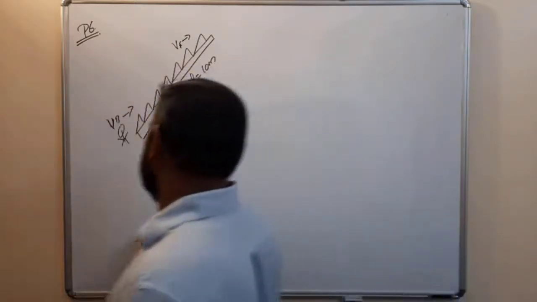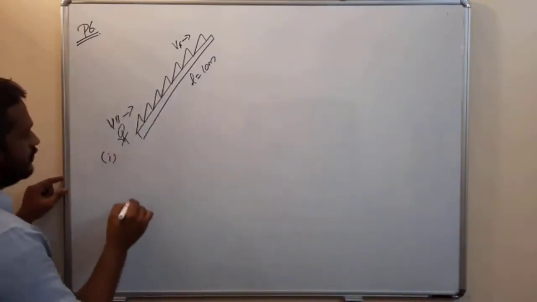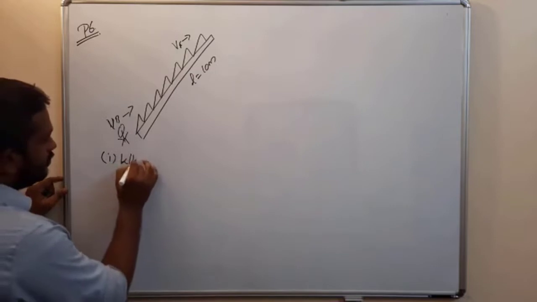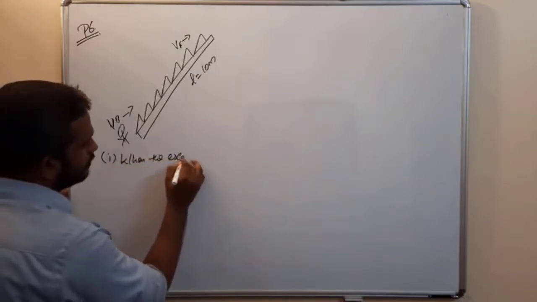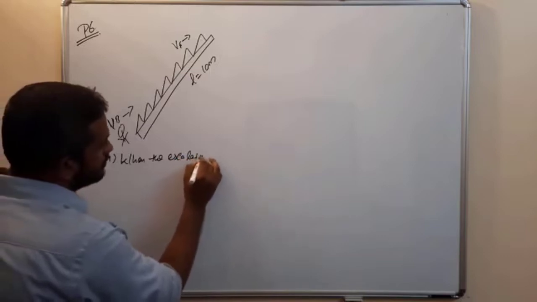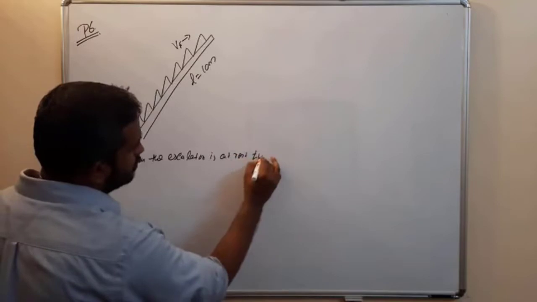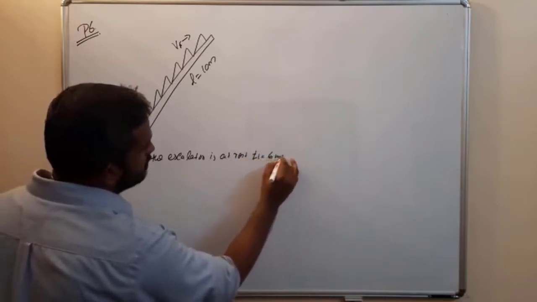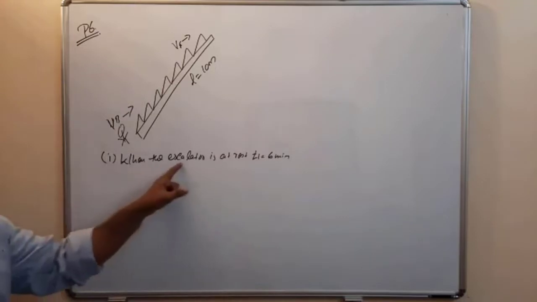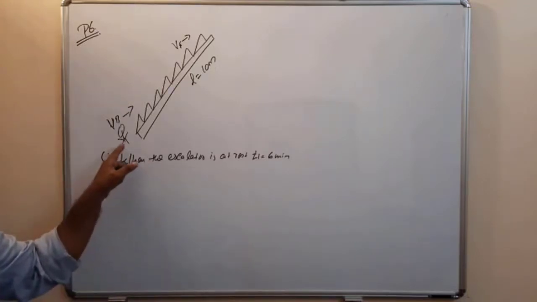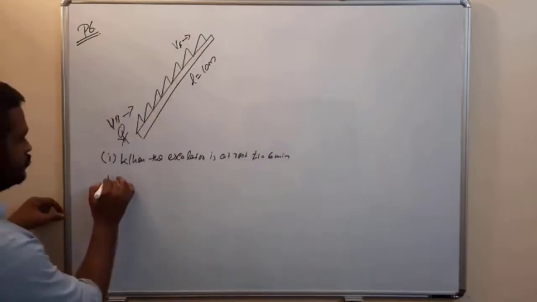Number one, when the escalator is at rest, T1 is equal to 6 minutes. That is, when the escalator is at rest, the time taken by the boy to reach the top is 6 minutes.